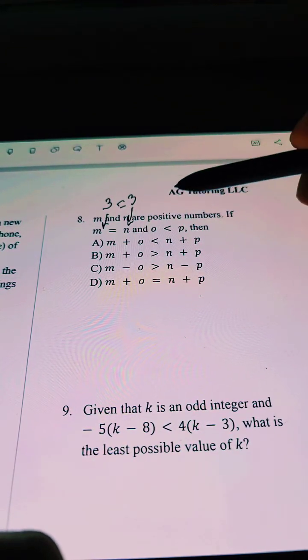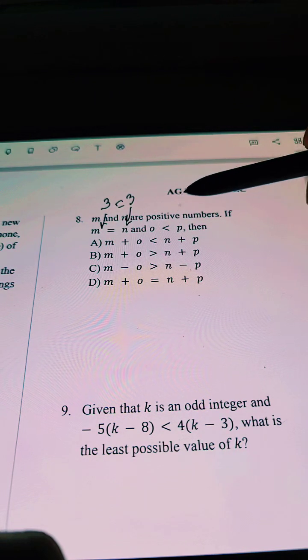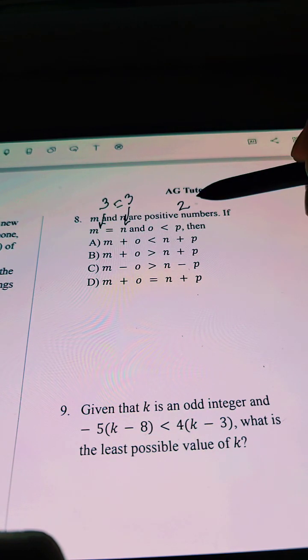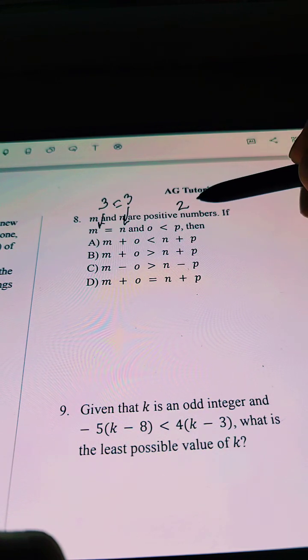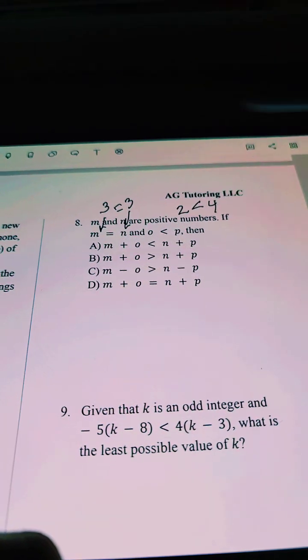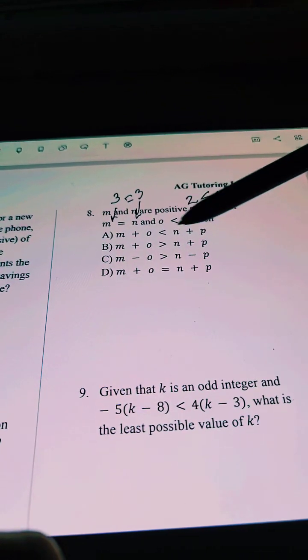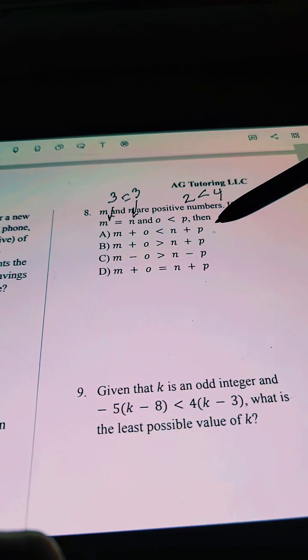But if we say O is less than P, we could say that O is maybe, I don't know, 2, and then P will be 4. And now what we're going to do is plug it into this situation.